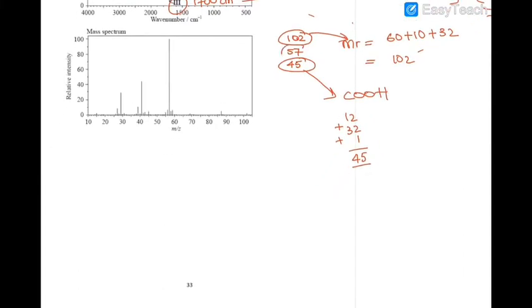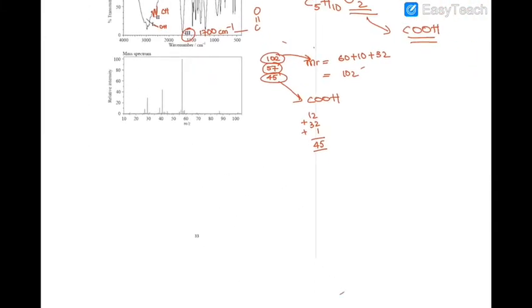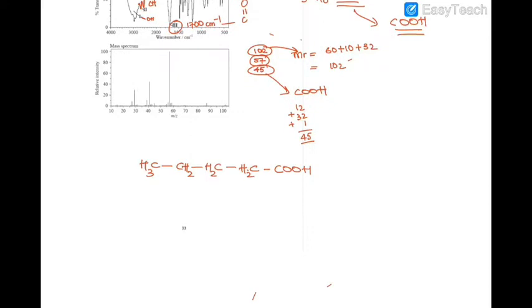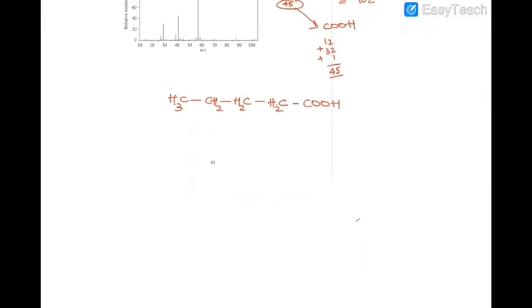Now 57. Let's try to partially draw the molecule. Let's assume it's like this, because from what we have here, we know that there is a COOH, there is also CH in it, and there is C=O, so it's confirmed. Let's find the Mr of all these fragments.